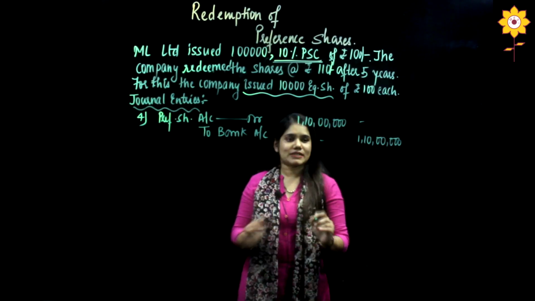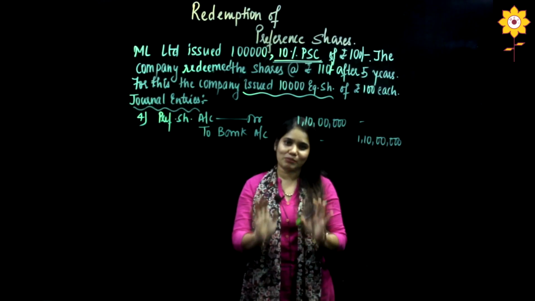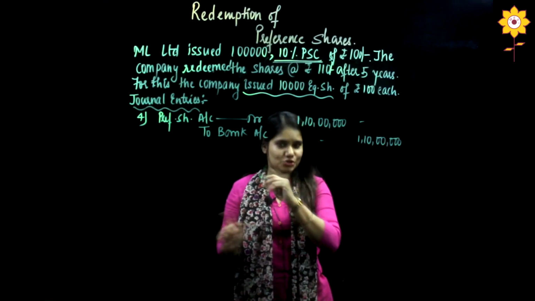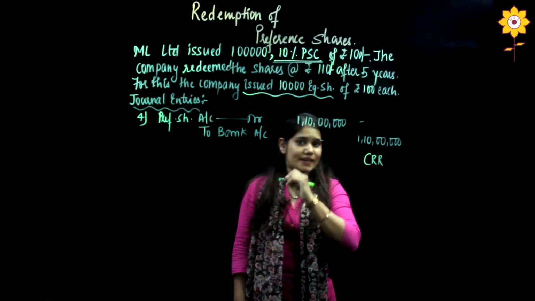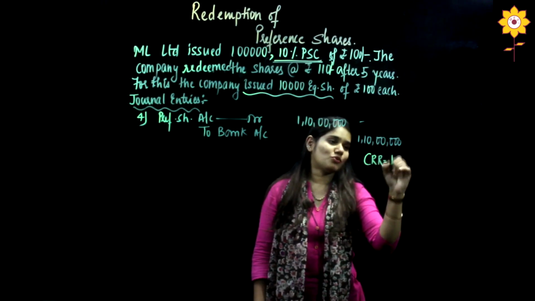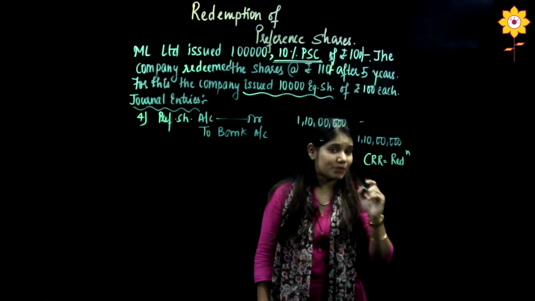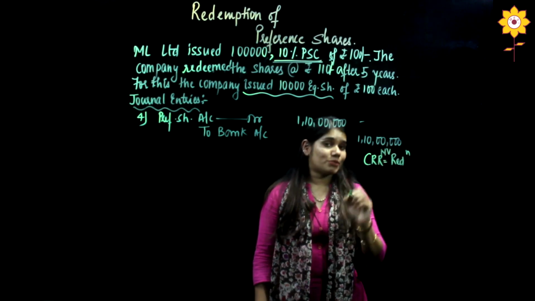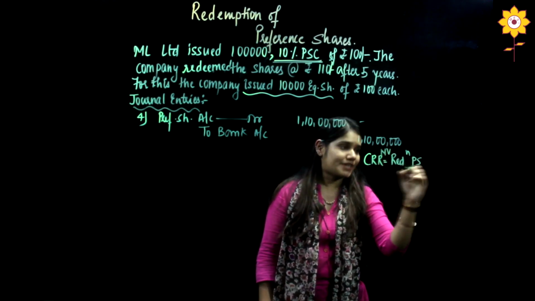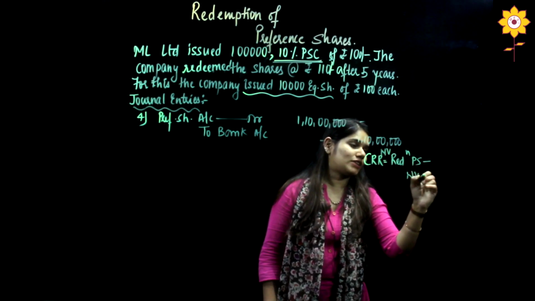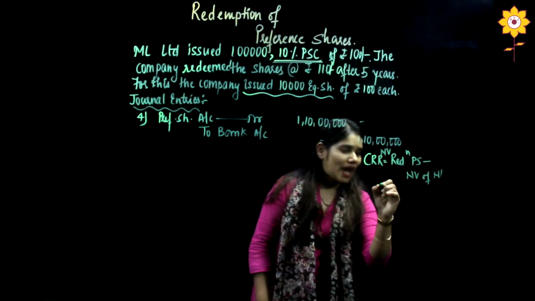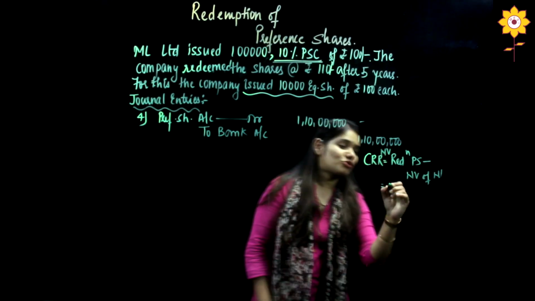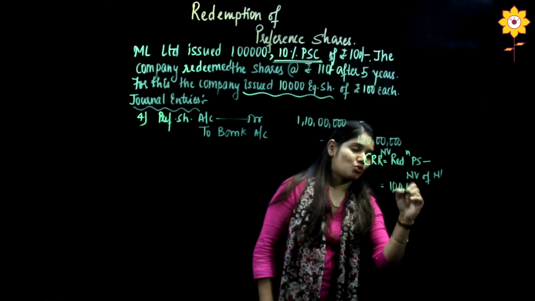Okay, so in this case, in order to keep them calm, I'll introduce you all to a formula. I'll write down the formula for CRR. CRR is equal to whatever is the redeemable nominal value, okay? Nominal value of redeemable preference shares minus the nominal value of new issue, if any, the company has done. Okay, so I remember my redemption amount was rupees 1 crore.